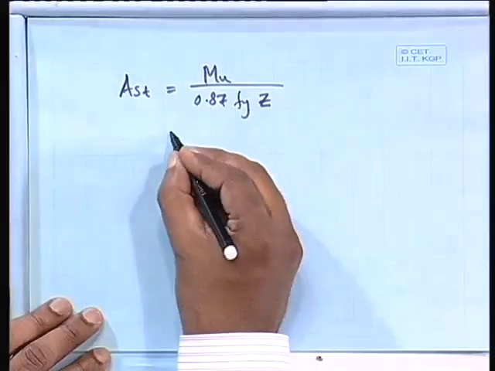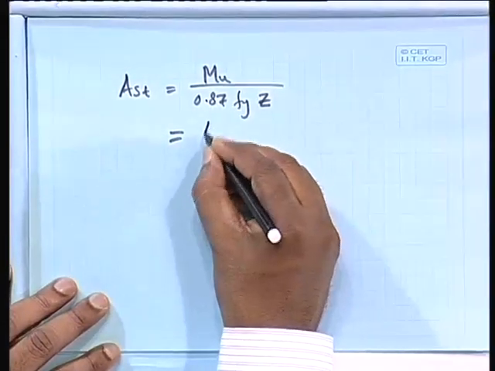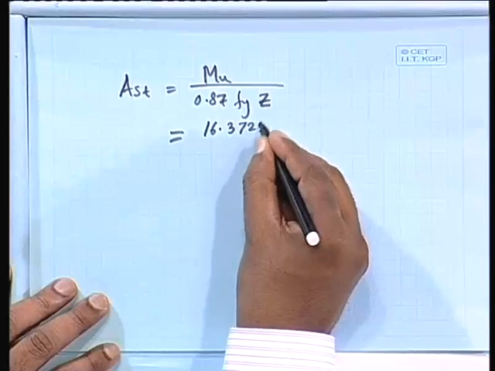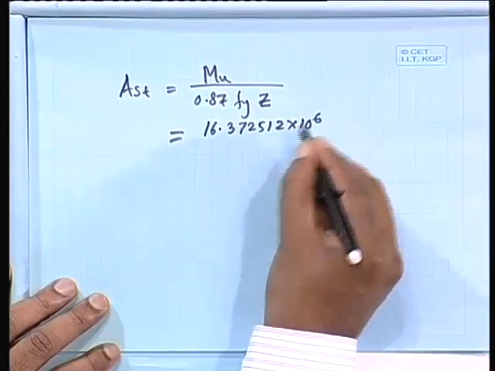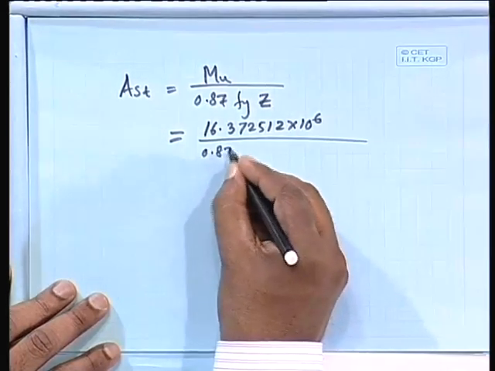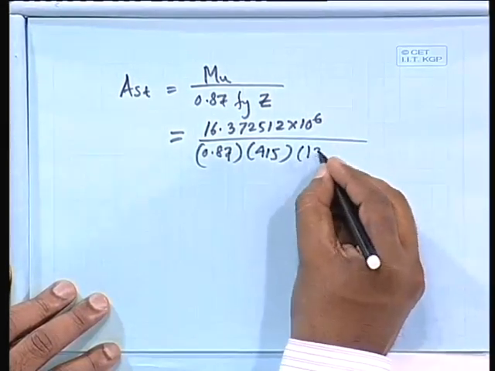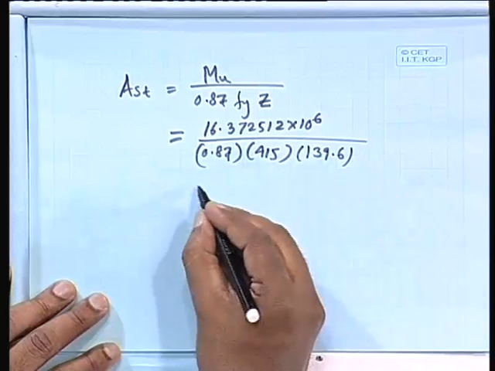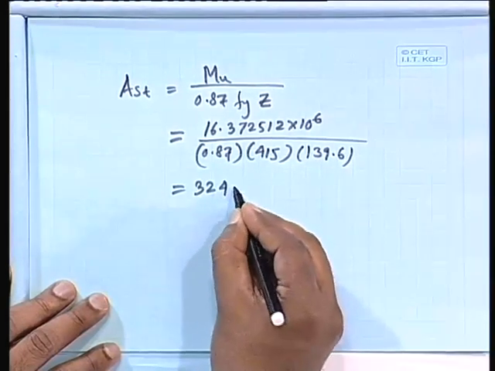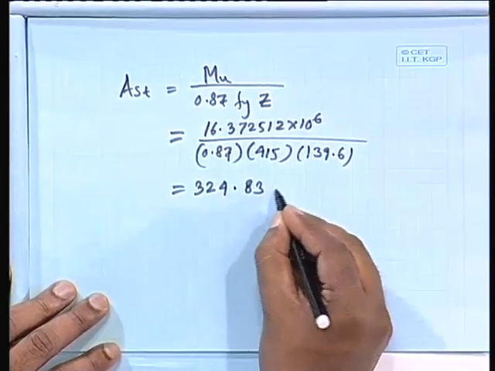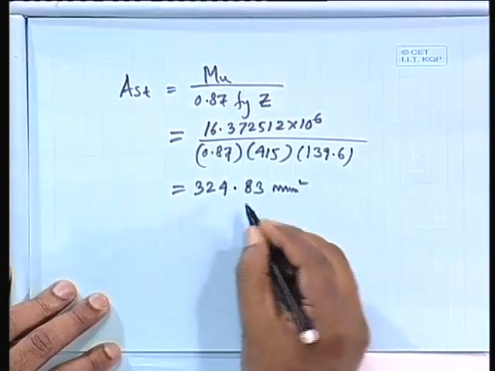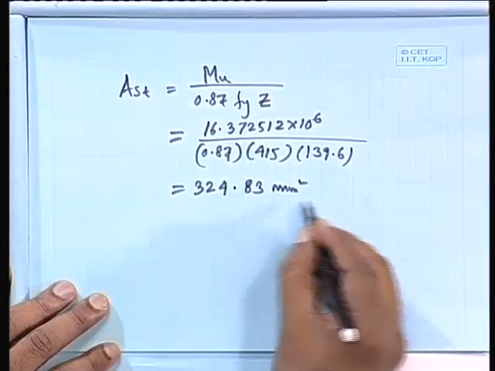So AST equal to this much, Mu equal to 16.372512 times 10 to the power 6 divided by 0.87 times 415 times 139.6, which comes as 324.83. We can ignore the 0.83, so we are getting this much.